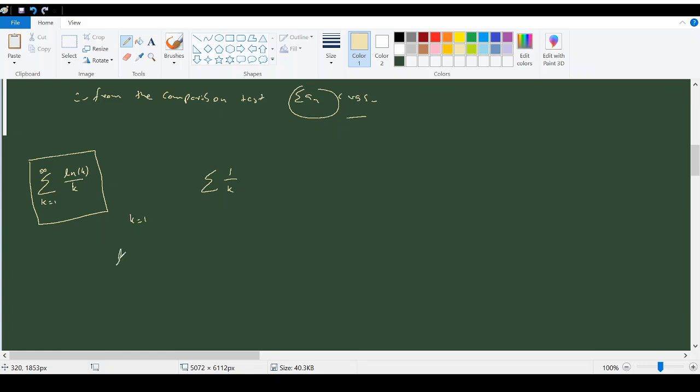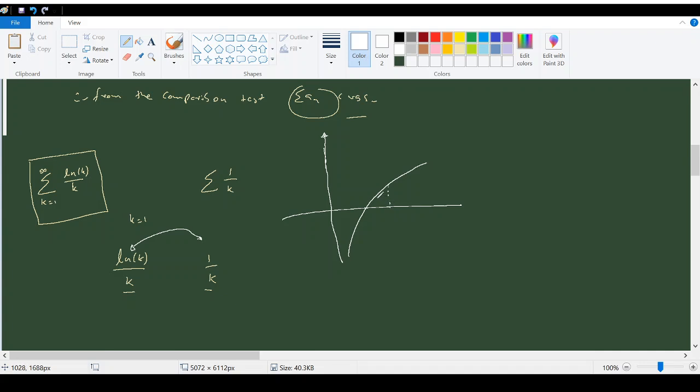So basically what we need is a comparison between this one and this one. Now you can see that both terms have the same denominator, so it's just a matter of comparing these two. And just by looking at the ln curve we can see that, as I explained in the previous video under the integral test, and I recommend you to go through that as well.